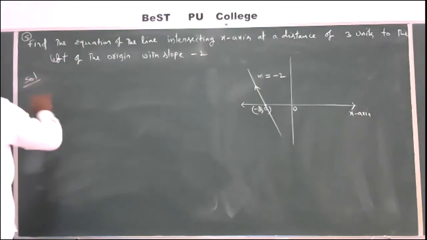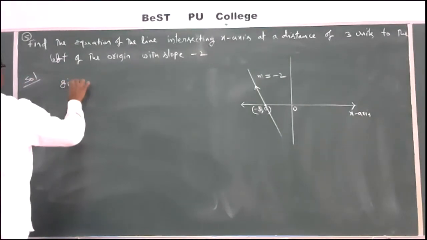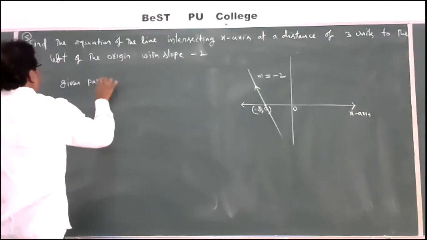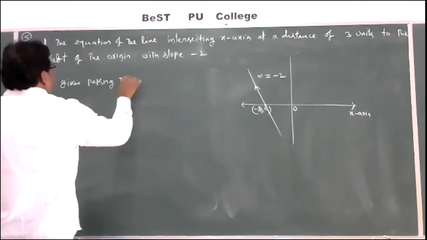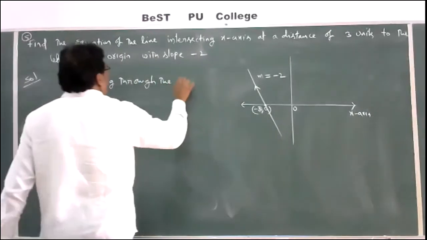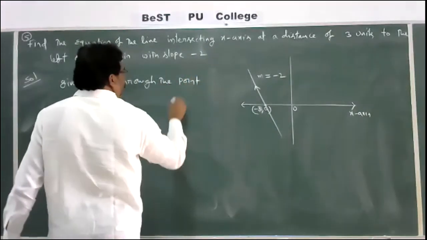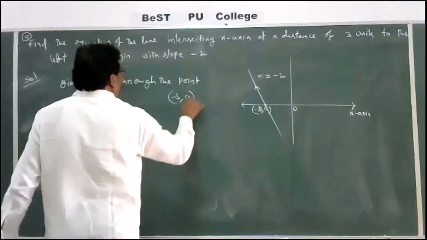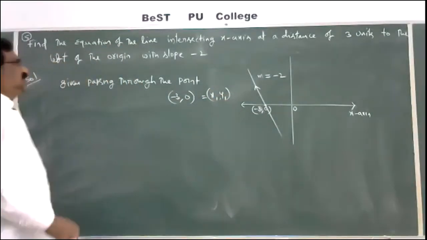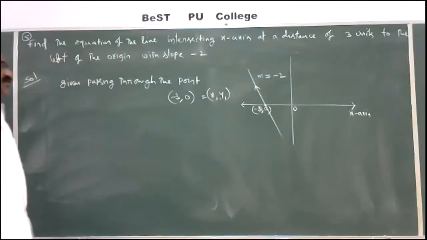Solution. Given, passing through the point -3, 0. This is equal to x1, y1.